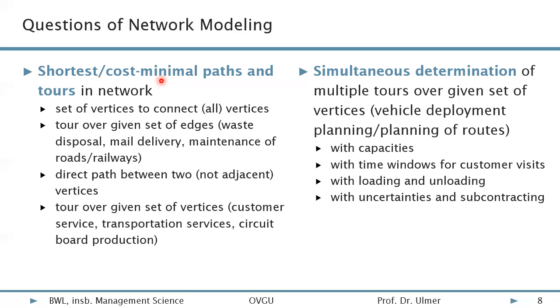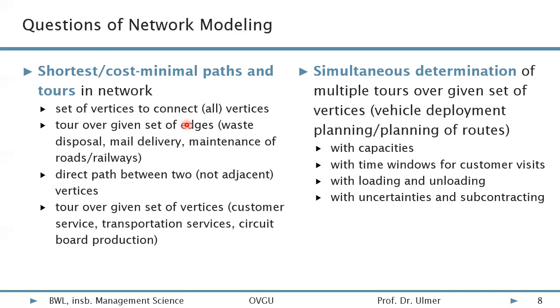So, for example, we are looking for a set of edges to connect all vertices, or we search for a tour over a given set of edges. So we want to visit all edges in the system. That could be in waste disposal. Assume you have a waste disposal company, and on one day, half the city puts out these trash cans.